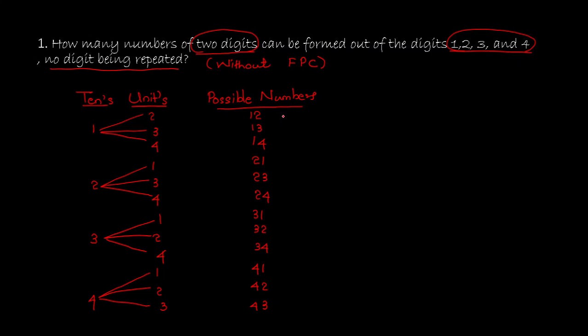Let's count how many numbers we can get: 1, 2, 3, 4, 5, 6, 7, 8, 9, 10, 11, 12. So 12 numbers can be formed.